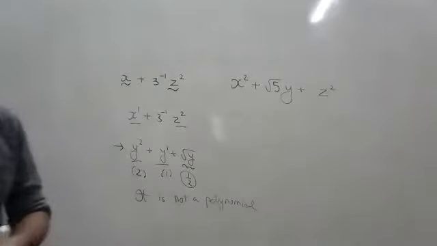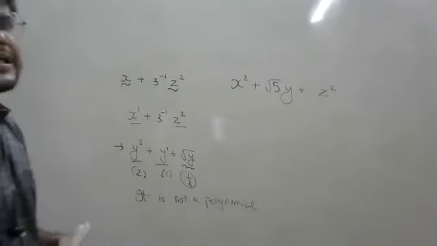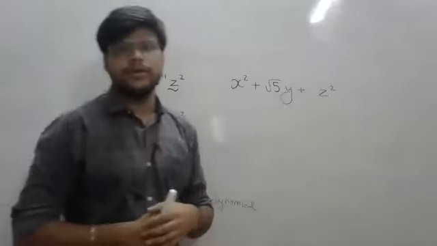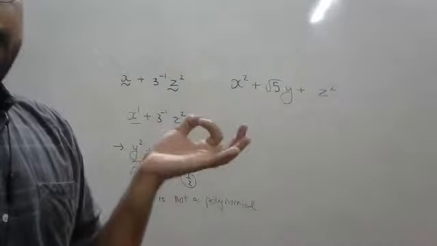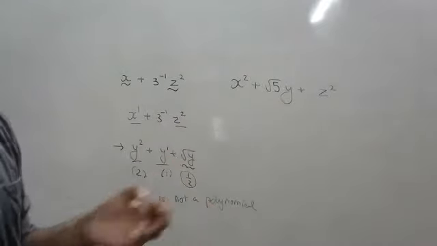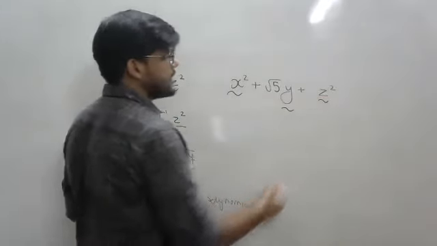What do you think? Is this a polynomial or not? Think. Yes, sir, it is a polynomial. It is a polynomial because, if you carefully look at the variables, we have three variables x, y, and z.